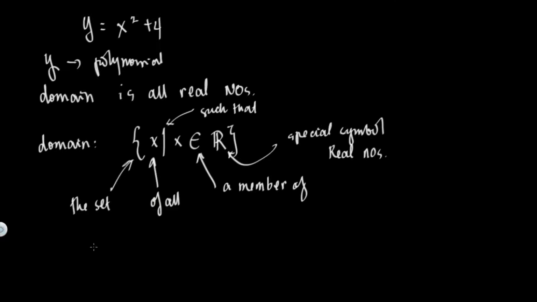So kung babasahin mo yan, the set of all x's such that x is a member of real numbers. So that is your domain. Or simply, the domain of the function is all real numbers. Okay?